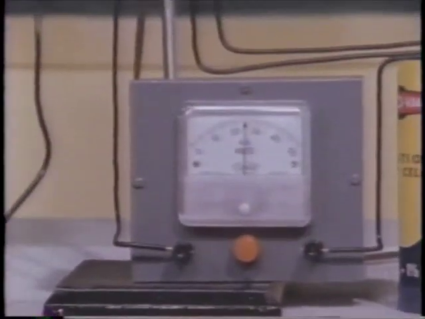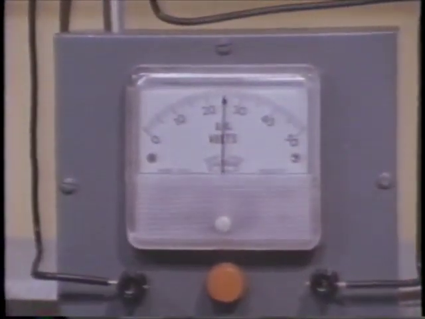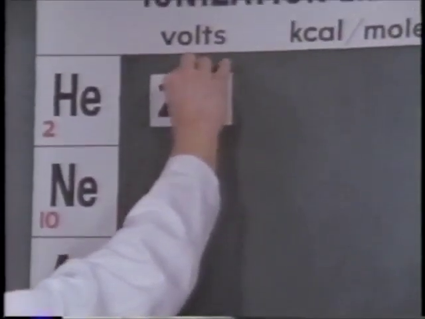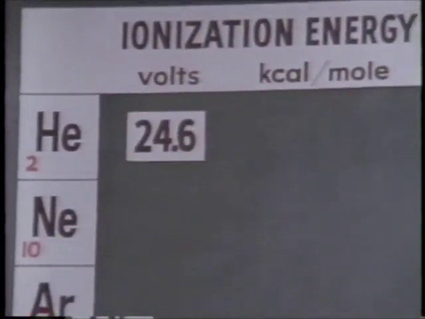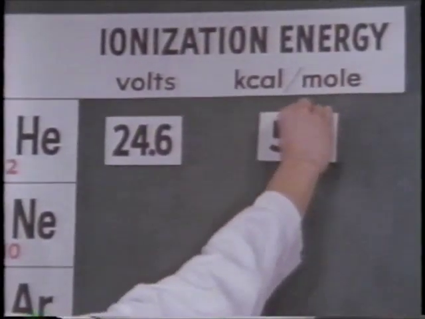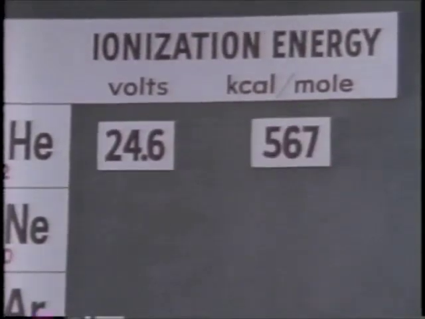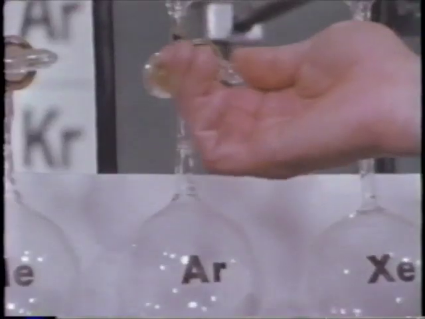The reading is about 25 volts, nearly 5 times the value for sodium. This value is in reasonable agreement with the value we find in a reference book, 24.6 volts. This more precise value is an ionization energy of 567 kilocalories per mole, more than 2,000 kilojoules per mole.